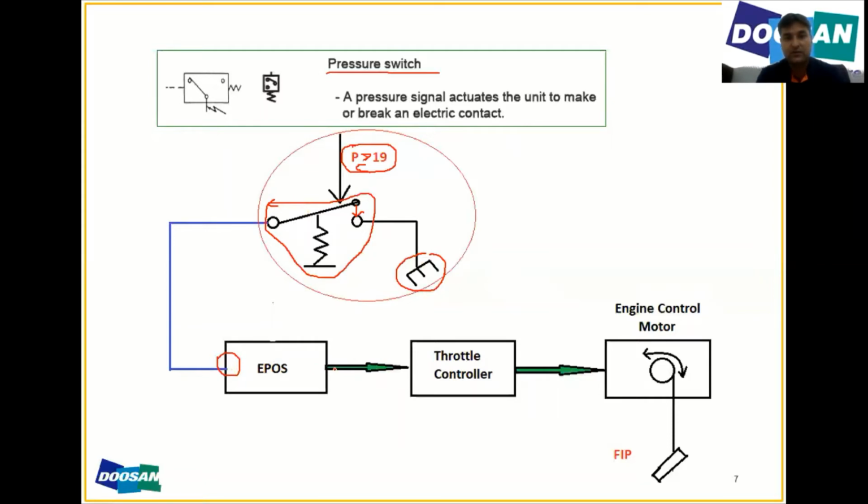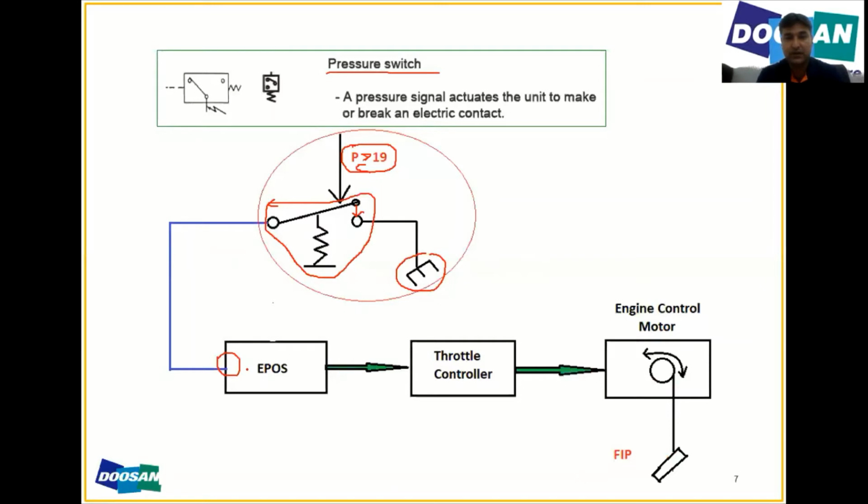Then EPOS sends a signal to the throttle controller, and the throttle controller sends a signal to the engine control motor, and the engine control motor either retracts or releases the cable for RPM.